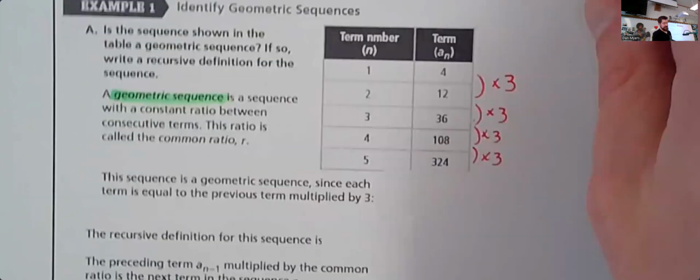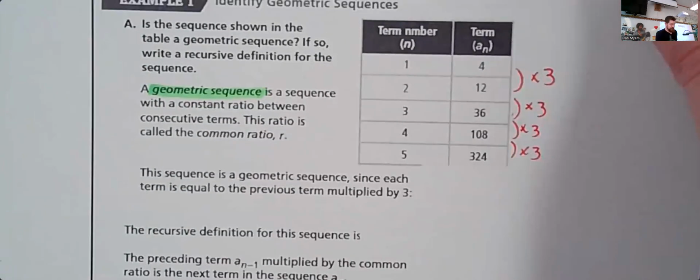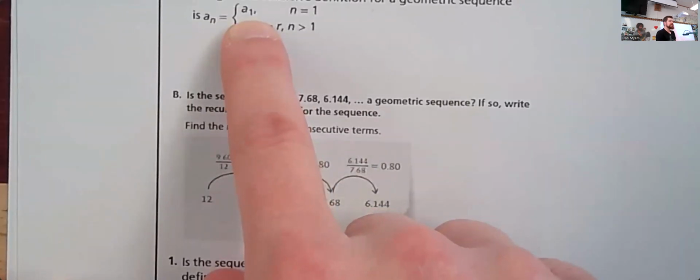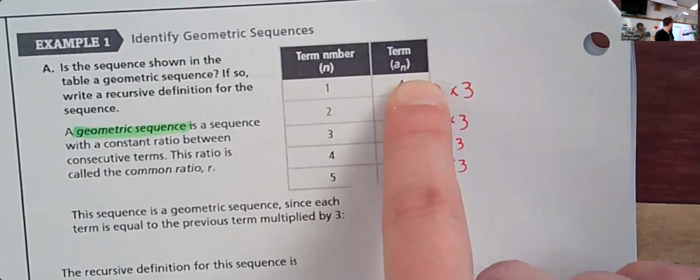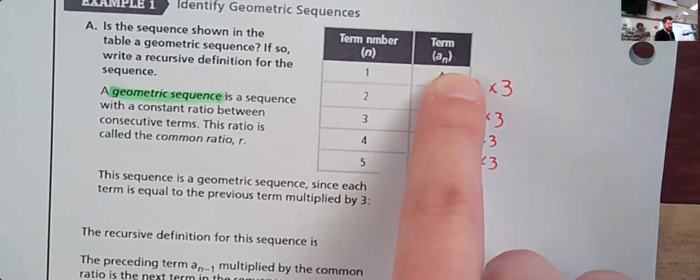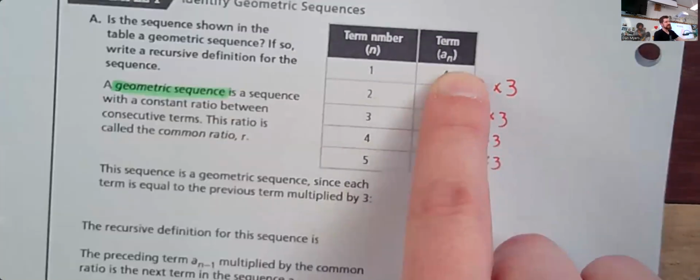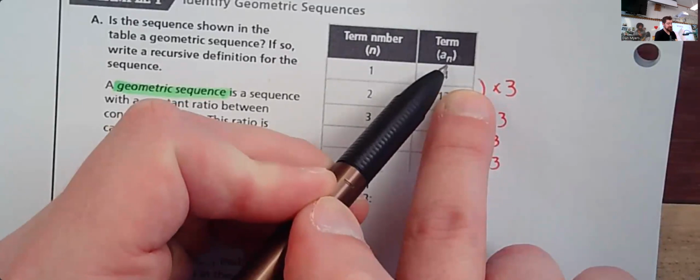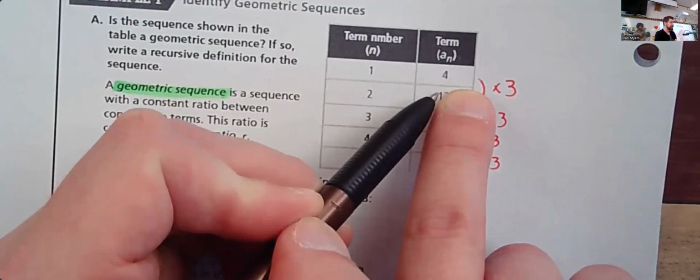That's what A sub n is. What we're going to do is start with A sub 1. What do you suppose that's going to reference? The first y value, yeah. N is the term number over here. A is the term, n is the term number. So if you're talking about the first term number, the first term is 4. So A sub 1 is 4.